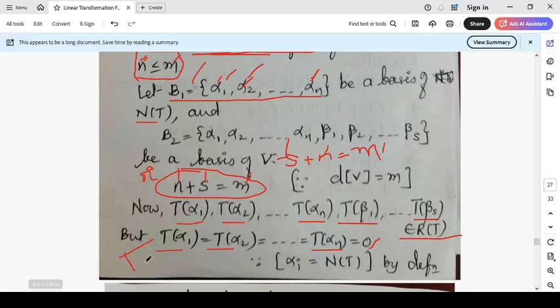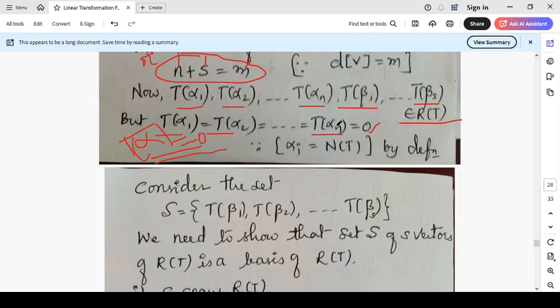According to the definition of null space, the image of every element of N(T) is 0. So T of alpha 1 up to T of alpha n are equal to 0 by definition. Therefore we only get the terms T of beta 1 up to T of beta s.